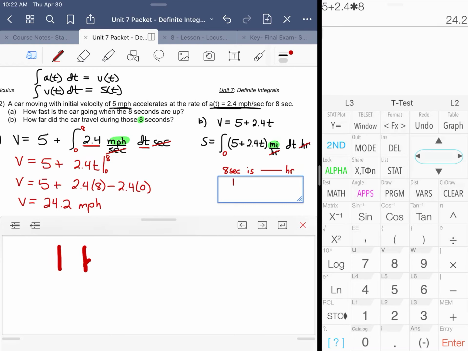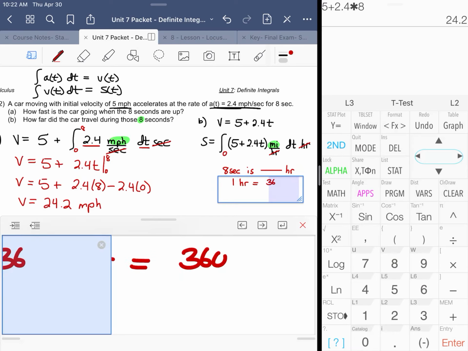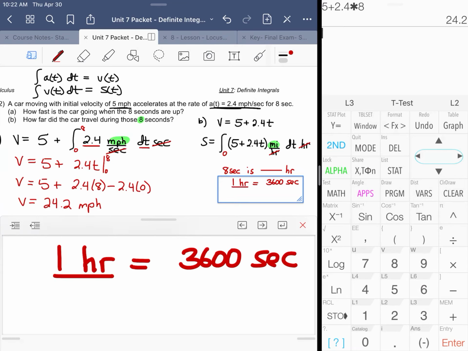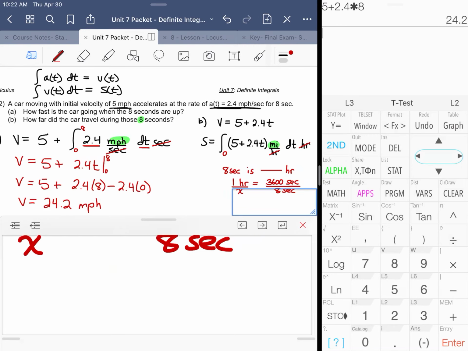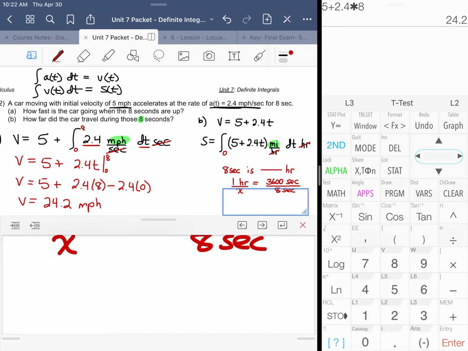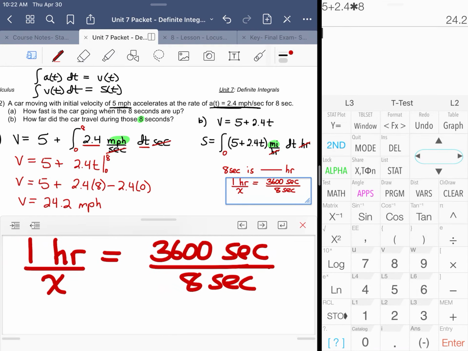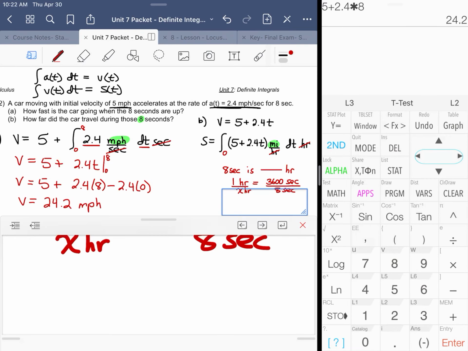So if I want to have 8 of those, then I could just do the multiplication, or I could say 1 hour is equal to 3,600 seconds. So blank hours would be 8 seconds. And then we just do the cross multiplication, but really it ends up being just a reciprocal.